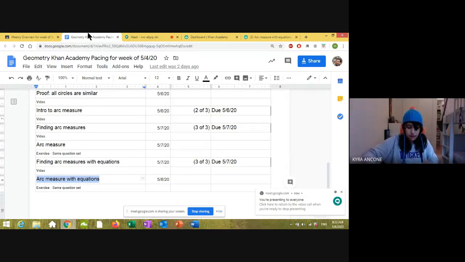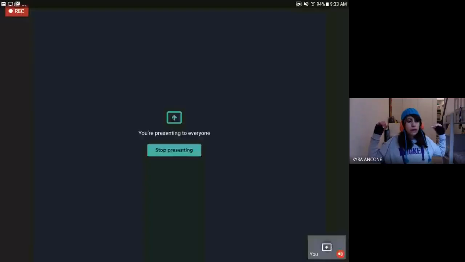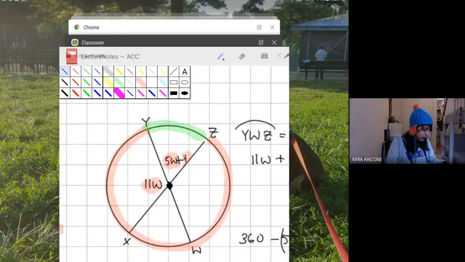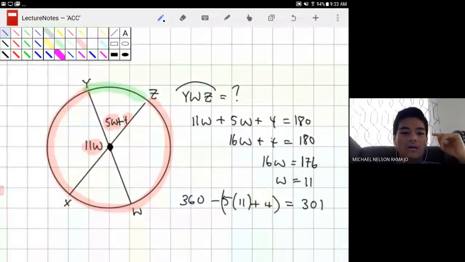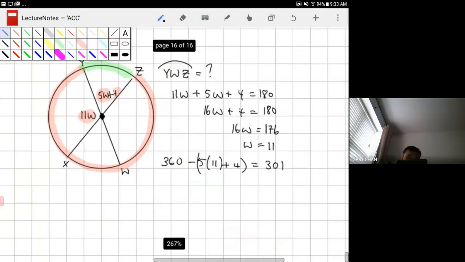Let me check my notes. A chord is a line that passes through the circle but does not intersect at the midpoint, I think. Oh, it actually can intersect the center.